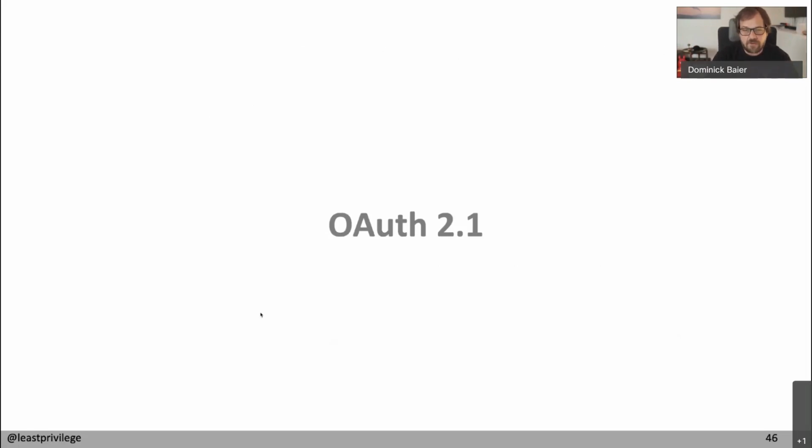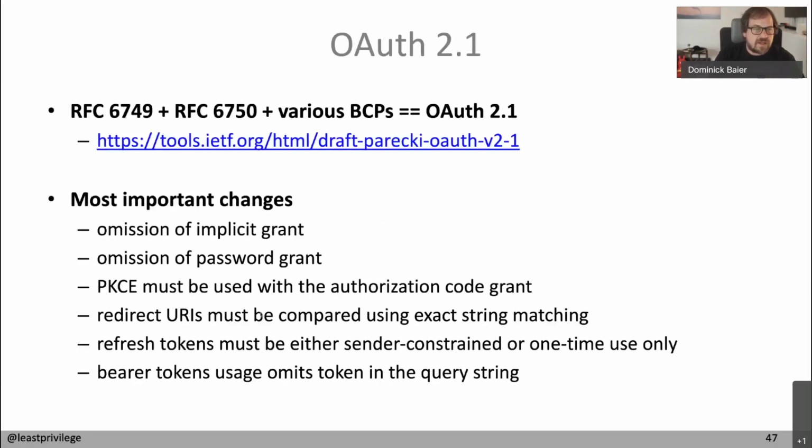So the idea of OAuth 2.1 is basically to start with a new baseline. And the whole idea is this. We take the base specifications, which are RFC 6749 and 6750, and merge them together. Then we take all the various BCPs I just mentioned and merge them together, and that becomes OAuth 2.1, which is the new baseline for OAuth.